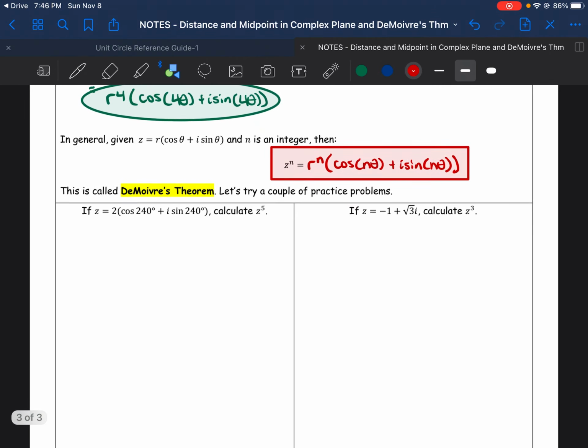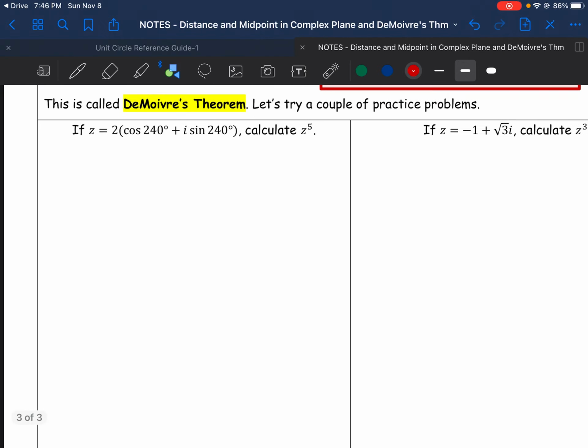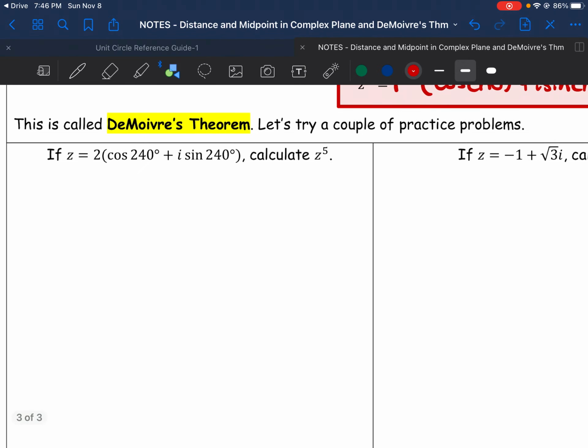So let's use DeMoivre's theorem to do a couple of example problems. In our first example problem here, let's say that z is the complex number 2 cosine 240 degrees plus i sine 240 degrees. We want to calculate z to the fifth. So, well, using DeMoivre's theorem, z to the fifth should equal r to the fifth cosine 5 theta plus i sine of 5 theta.